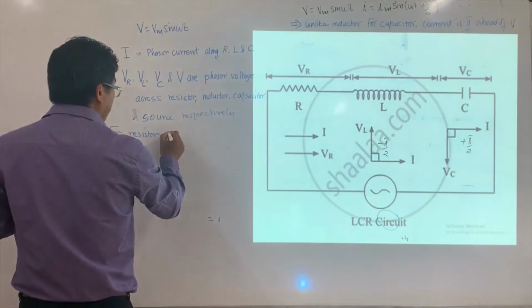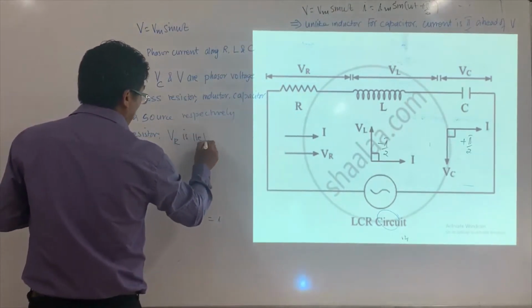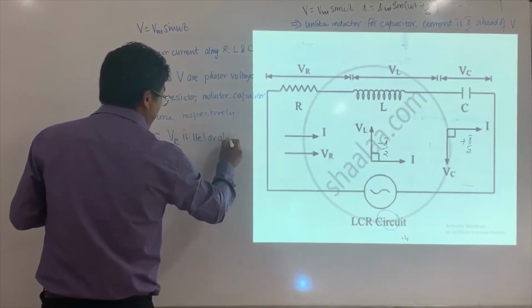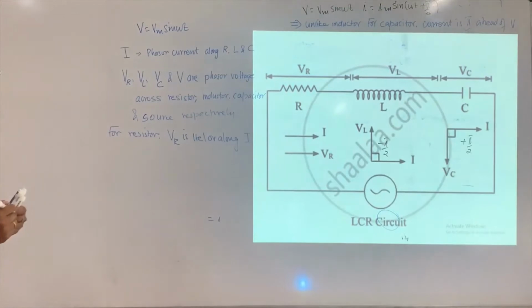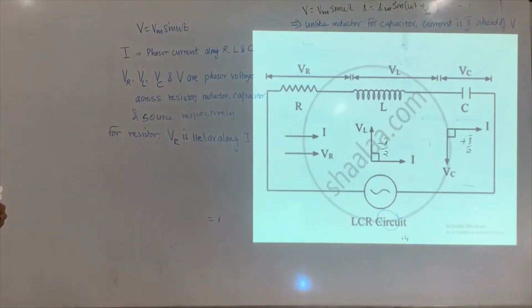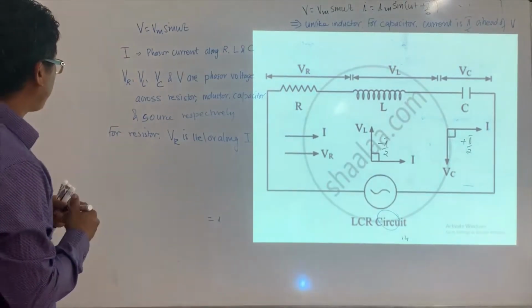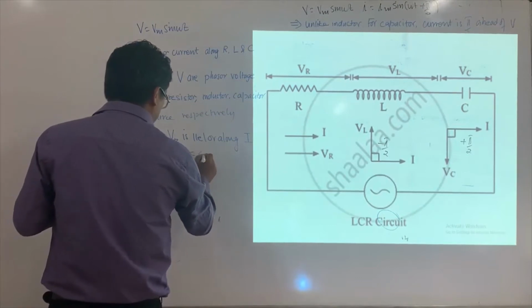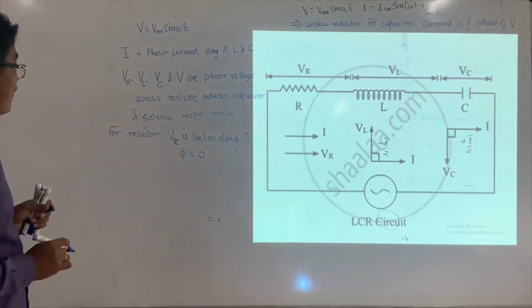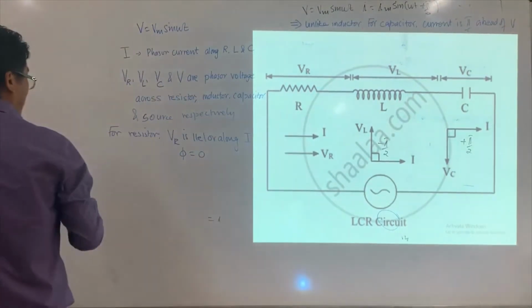For resistors, VR is parallel, or along I. So therefore the phase difference is 0. This is exactly written in the diagram, right?